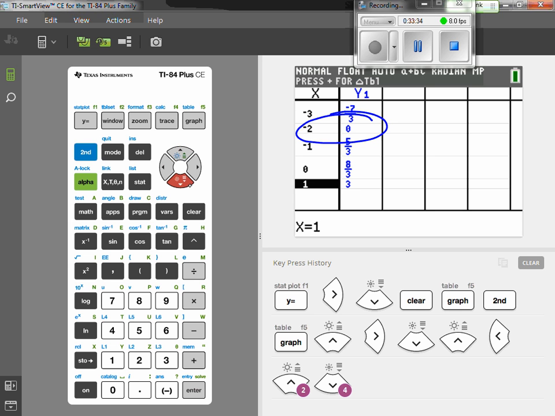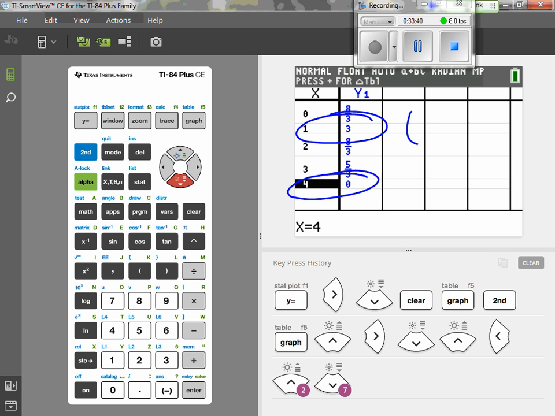And if we scroll down, the x-intercepts are negative 2, comma, 0 and 4, 0. Or we could have gotten it from the equation, 4 and negative 2. So that's another way to get the x-intercepts. The graph will tell us, or this table will tell us.